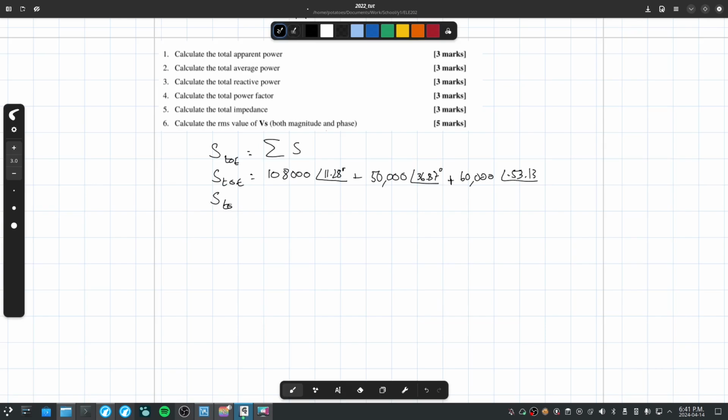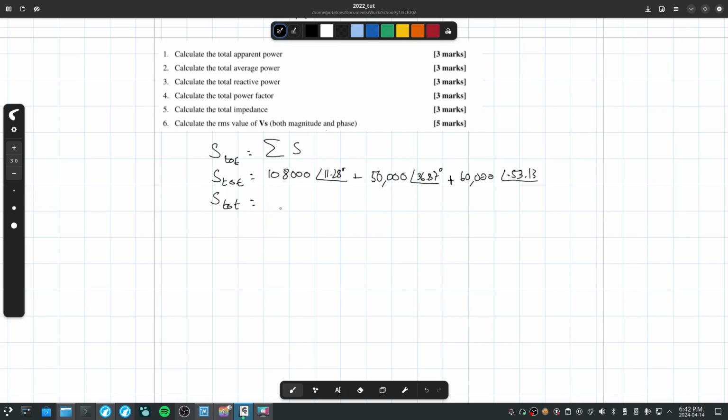All you do is put it in your calculator. You just sum up all of the power consumption. So that's 108,000 with a phasor of 11.28 plus 50,000 with a phasor angle of 36.87 plus 60,000 with a phasor angle of negative 53.13. And, oops, I put that into rect form again.